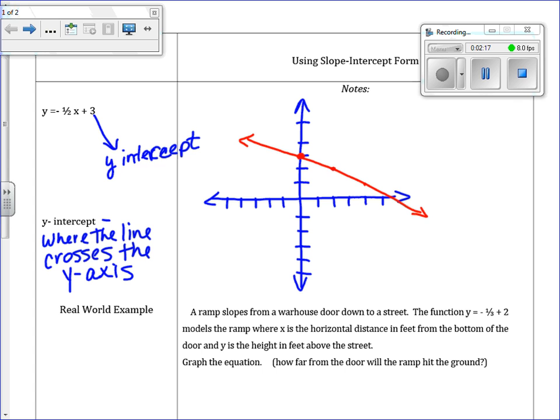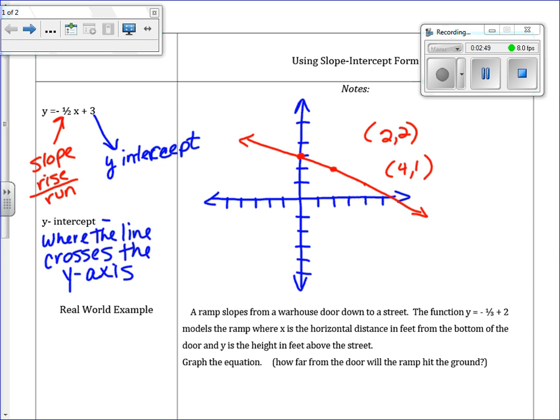And I've identified 2 points to be 2, 2 to be one of the points of this equation, and another point to be 4, 1 is another point on this equation. So that -1/2, that's my slope. And remember, slope is always rise over run.